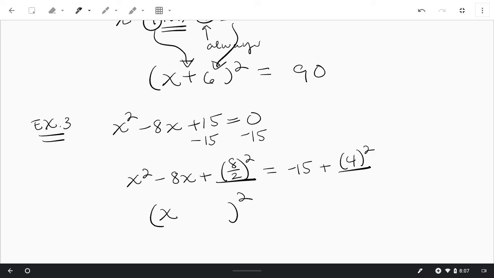Again, x, and I'm going to use this sign over here, and I'm going to use 8 divided by 2, which is 4. And on this side, when I work that out, I get 1. Okay? And I'm going to stop right there.